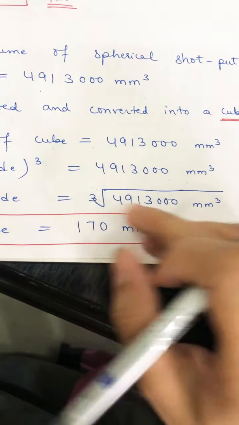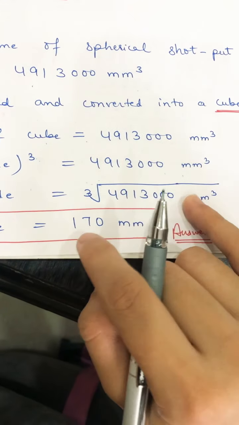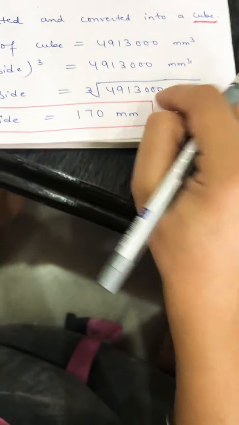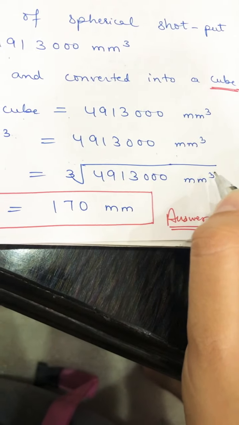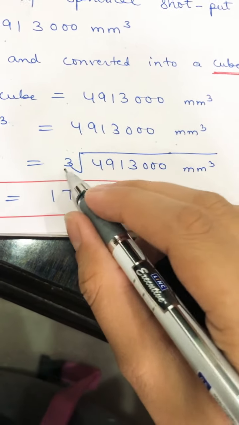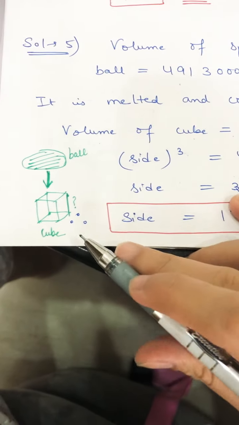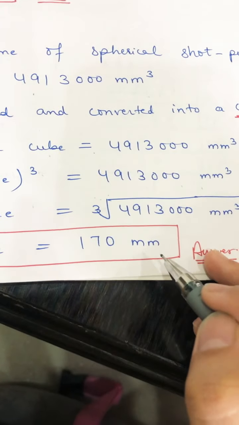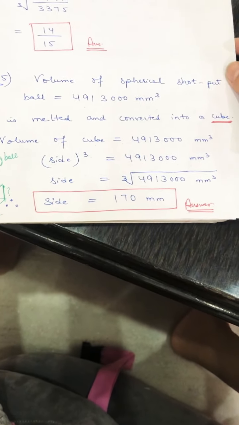When we open this cube root, 4913 is the cube of 17, and 1000 is the cube of 10. The millimeter cube also cancels with the cube root, so it is only millimeter. So the side of this cube is equal to 170 millimeter. Got it? So this is your question number 5.